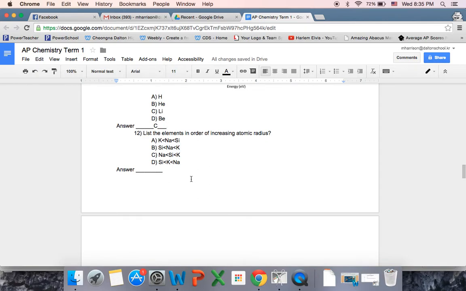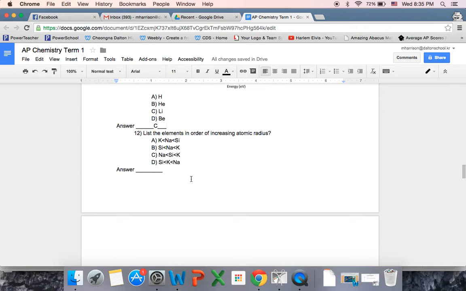List the elements in order of increasing atomic radii. Okay, so for this question we need to remember that atomic radii get larger as we move down the periodic table, but they also get smaller as we move left to right across the periodic table.